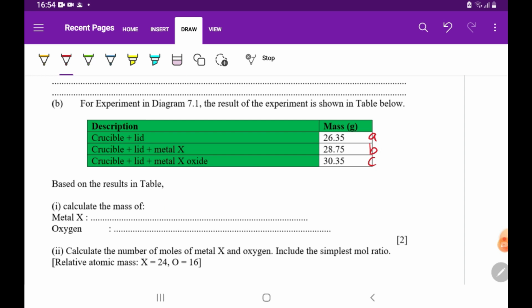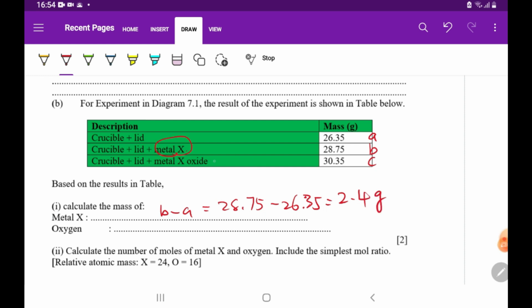We can use B minus A. So it's 28.75 minus 26.35, you get 2.4 gram.